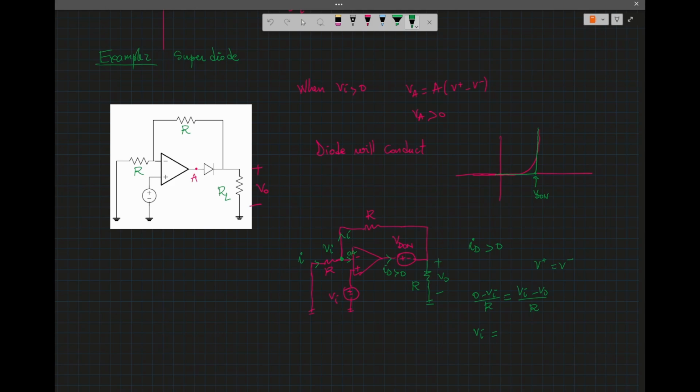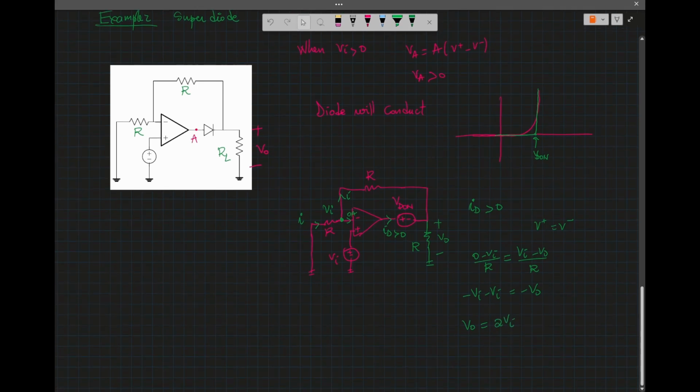So this current, which is 0 minus that, divided by R. So Vi equal to V0, no, 2Vi, if I'm not mistaken. So let me bring this. So minus Vi equal to minus V0. So V0 equal to 2Vi. Okay, so when the diode is on, this is the output voltage.